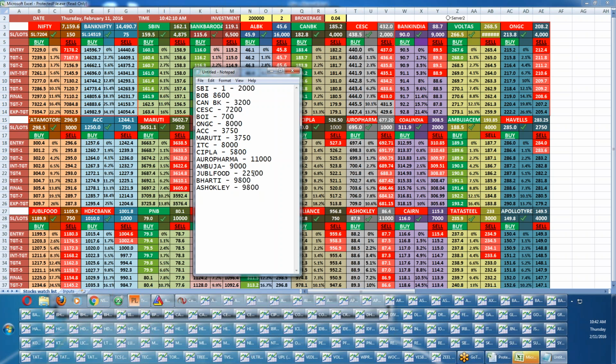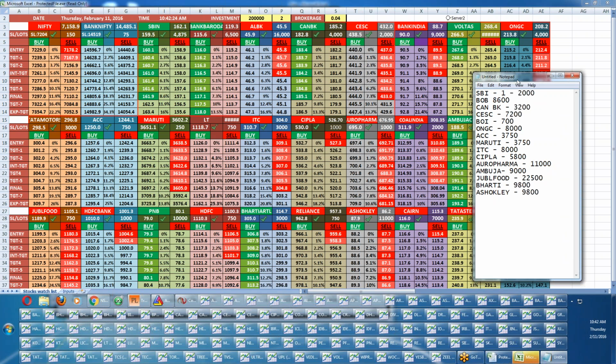Roughly a lakh of rupees of profit on these trades. At what time is it? It's 10:42, roughly one and a half hours from the market open.